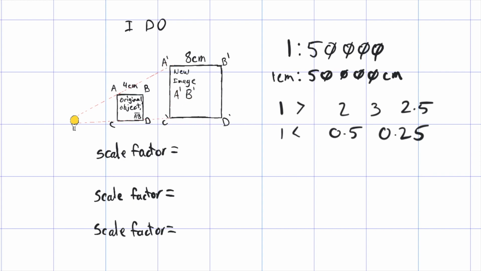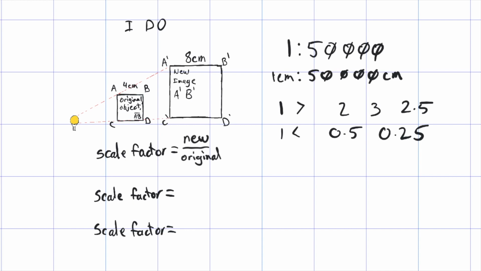So remember, one of the most important things to do when we're doing any math problem is to write out that formula. Now, our formula for scale factor can be as simple as the new divided by the original. This can also be written as image divided by object, or A'B' divided by line AB. They all mean the same thing.